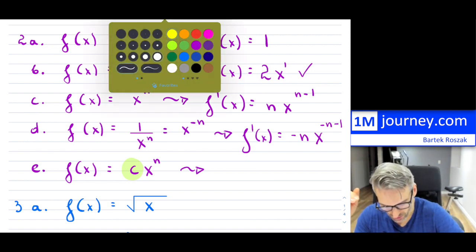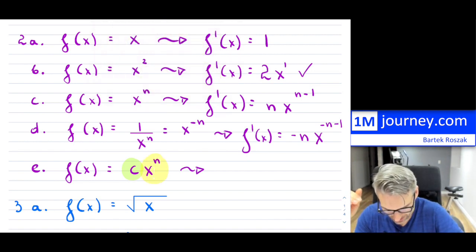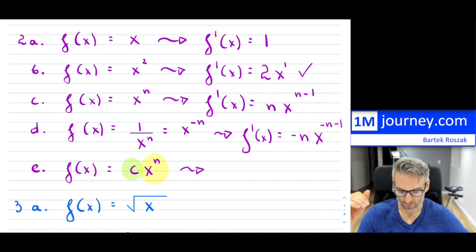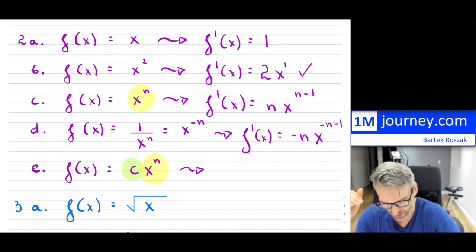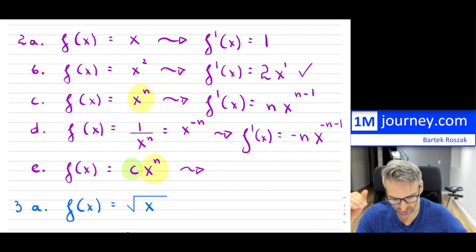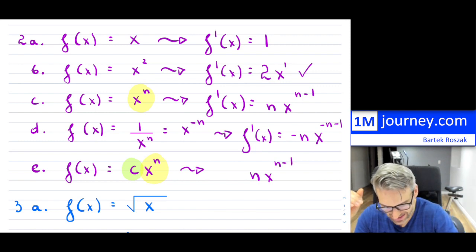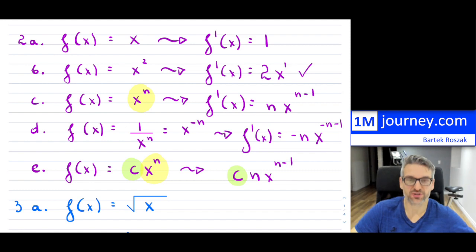All we're going to be doing is taking this, which is highlighted above there. Now, we know what the derivative of that is. So it's going to be n x to the n minus 1. And that c will just simply stay in front because it is a constant.